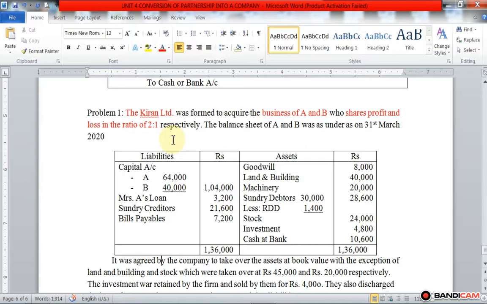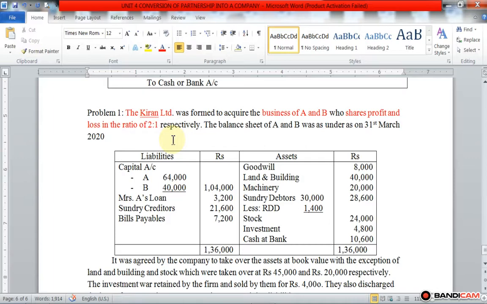Then on the asset side, goodwill rupees 8,000, land and building rupees 40,000, machinery rupees 20,000, sundry debtors 30,000 in the inner column, less RDD 1,400, in the amount column 28,600. So total sundry debtors is 28,600.